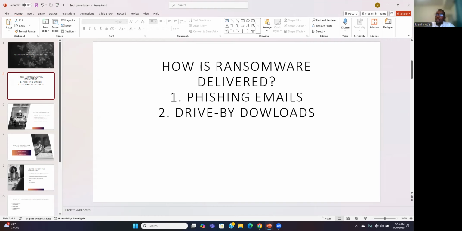The ransomware cyber criminals will send you an email impersonating a legitimate person that you have known, or a legitimate corporation. So that is the email that the victim will receive, and this email contains attachments and links.